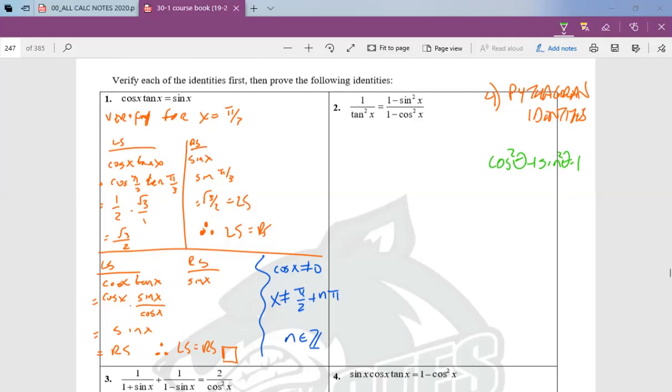We can also remember that if I take all of this, and if I divide it all by cos squared theta, then this becomes our second Pythagorean identity, which is 1 plus tan squared theta is equal to 1 over cos squared theta, which is secant squared theta. And our other one ends up being, if I took this whole original one and divided by sine squared, 1 plus cotangent squared theta equals cosecant squared theta.